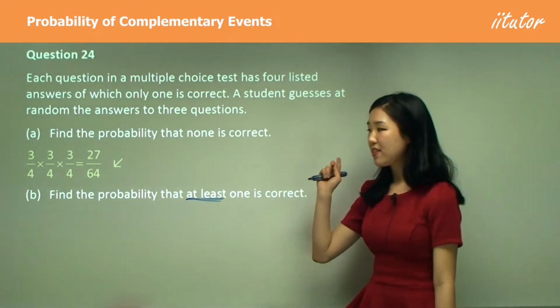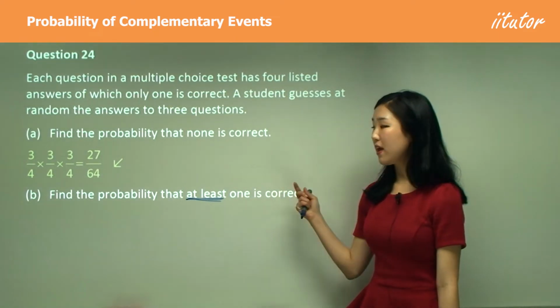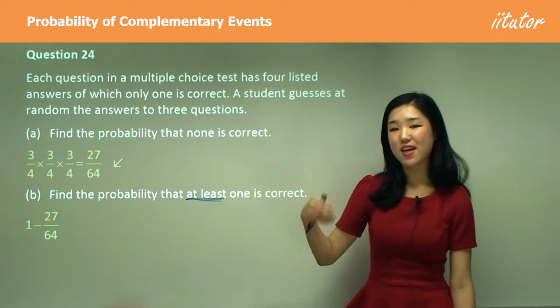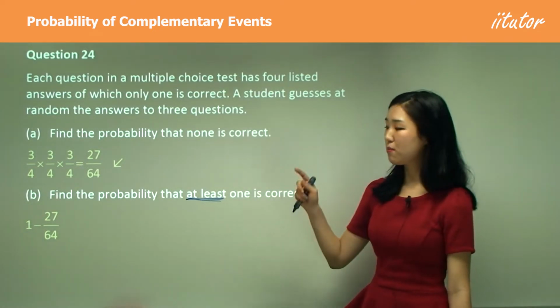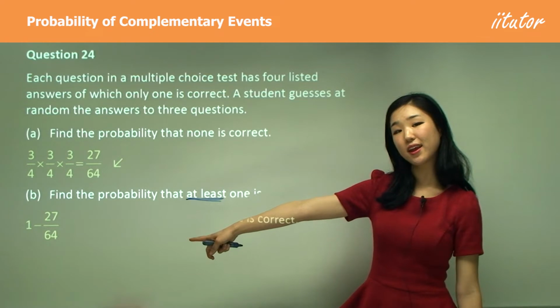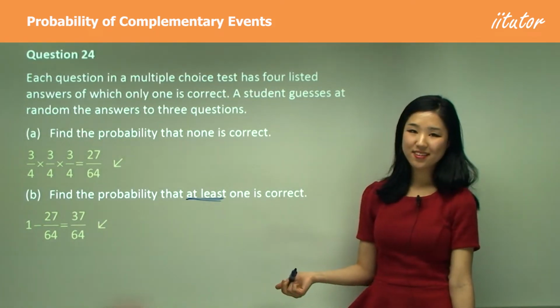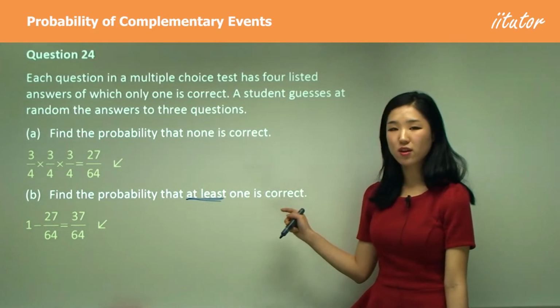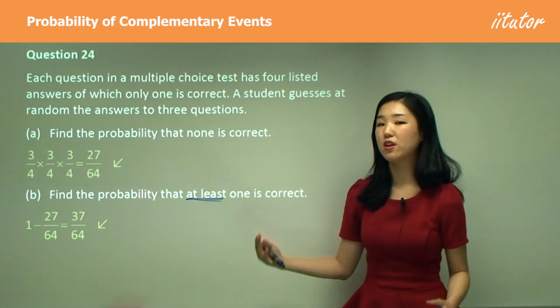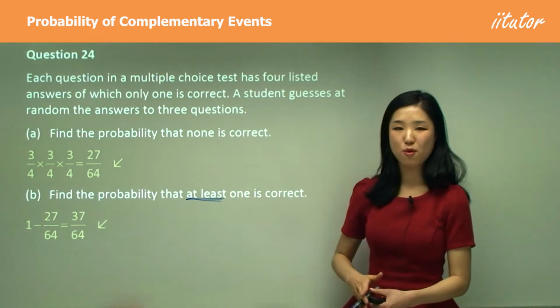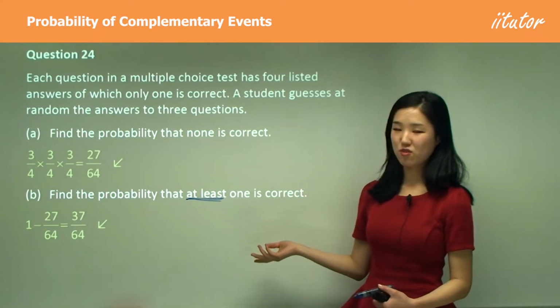So having anything apart from that would be 1 minus that, because that is the complement of this. We simply subtract that from the total probability, and that will give us the probability of having at least 1 correct, because the only event that we won't include here is when all 3 are not correct. So I've just subtracted it from 1, and the remaining is the answer to this question.